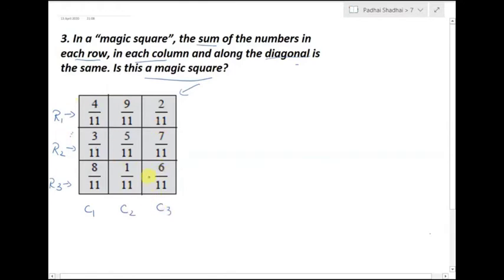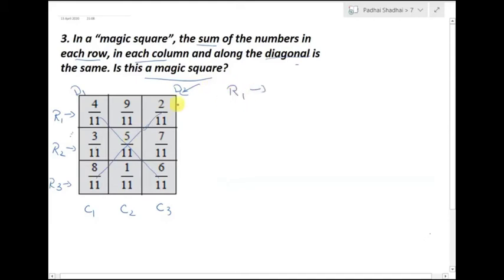Okay, and then diagonals. Diagonals go in a cross. This way. So this is D1, diagonal 1, and similarly cross, that is diagonal 2. Okay, D2. Now we will have to find out all these sums, and if the answer is same, then we can say it is a magic square.